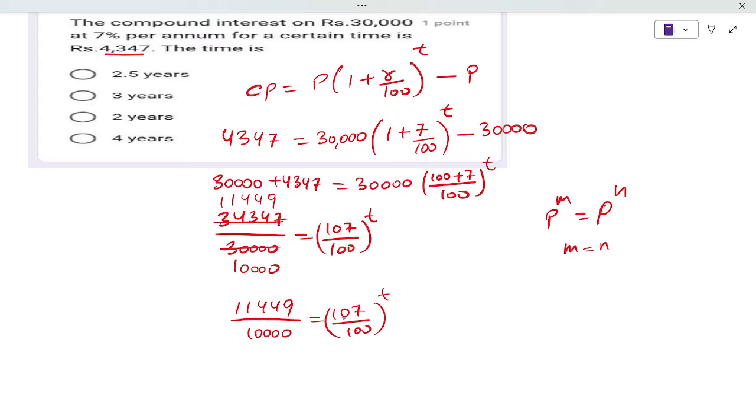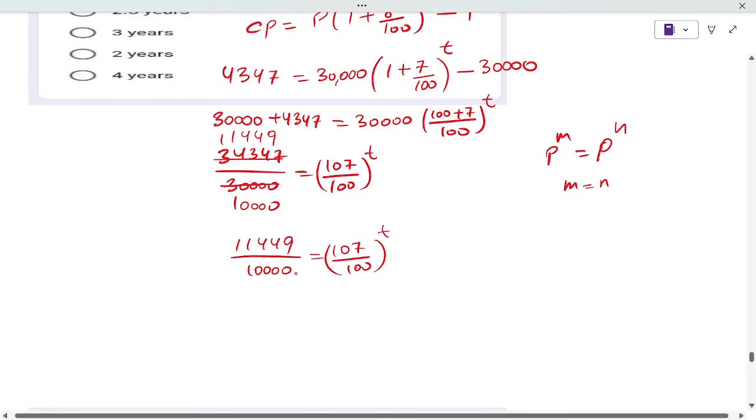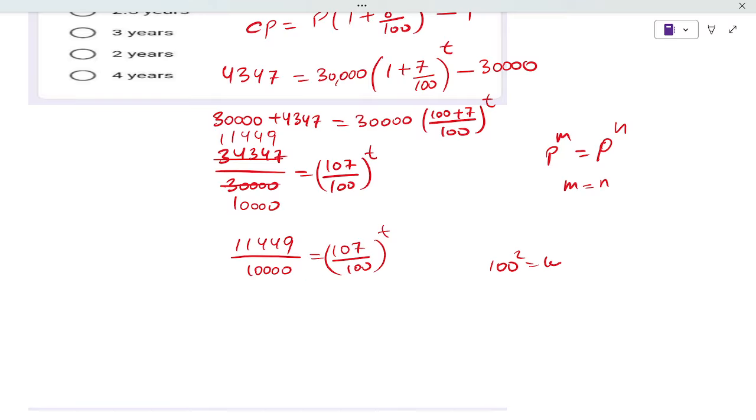So there is a possibility of 107 or 100 having the same power. Let's check. 100 square is 10,000.